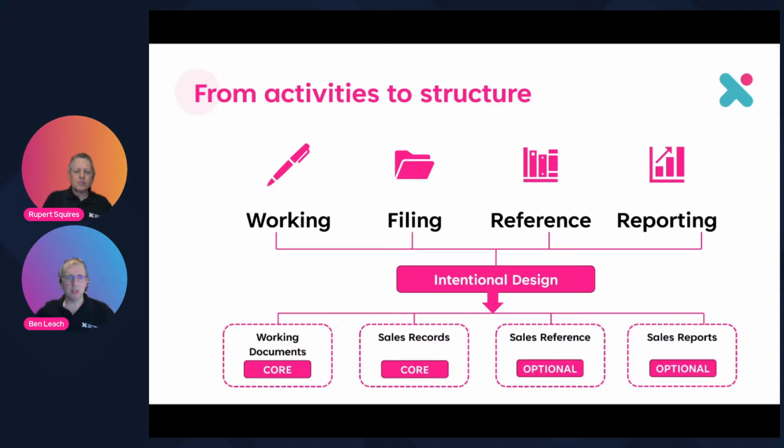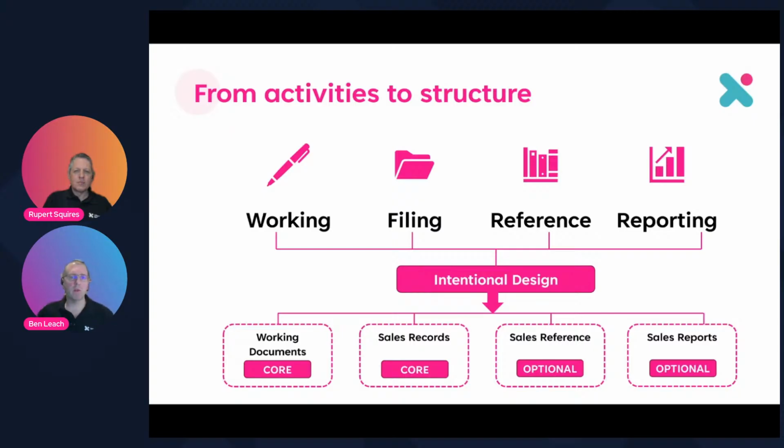So what we can see in this case is working is going to become the working documents area. Filing for our sales scenario that we're going to show you is our sales record, storing all of our client related documents, contracts, etc. We've got a sales reference area, and then we'll have a sales reporting. One thing worth highlighting here is that two of these we highlight as core.